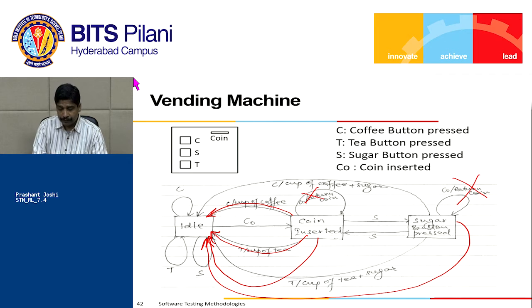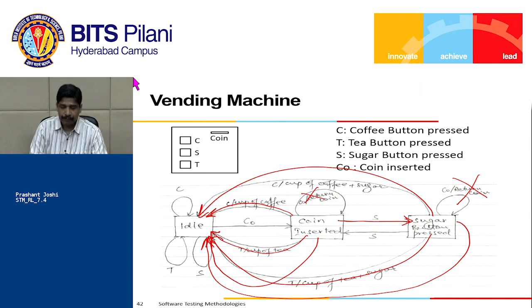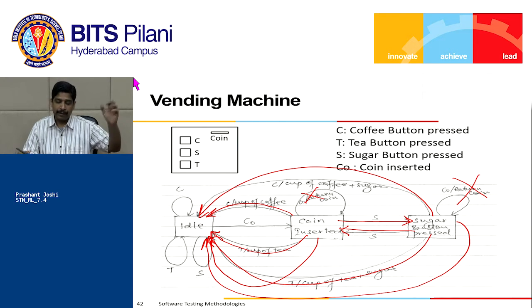If I need sugar, I need to make sure that I have entered sugar and then the cup of coffee or a cup of tea. Of course, if I press sugar again, I come back as if I have unselected sugar. Oh, by mistake, I pressed sugar. So these would be the operations which I have.